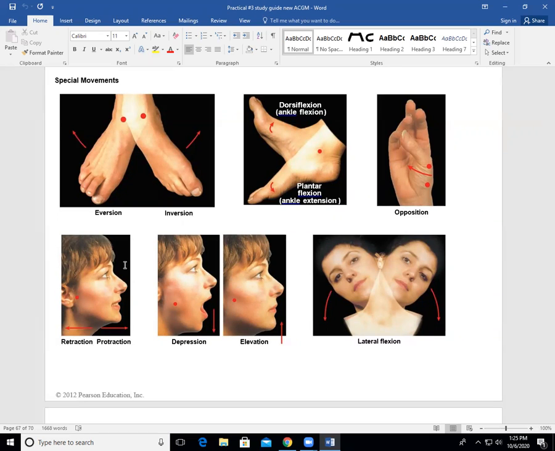Using your thumb, touching your fingers, is opposition. Moving your jaw out is protraction. Moving it back in is retraction. Moving your jaw down is depression, back up is elevation. Turning your neck to the side is lateral flexion because you're decreasing the angle and moving laterally.